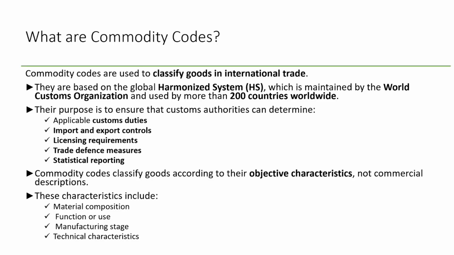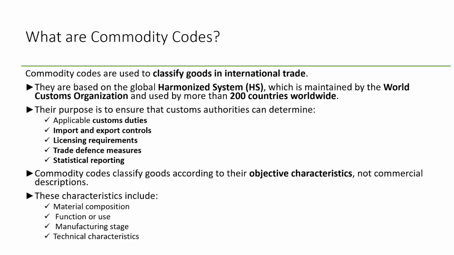So the reason behind the classification is that any customs officer around the world, any producer around the world, any importer can use a system for all of those countries, which is 200 countries worldwide, which are part of the World Customs Organization, to identify in the same way the same goods, right? So it's all about the systems when it comes to customs.